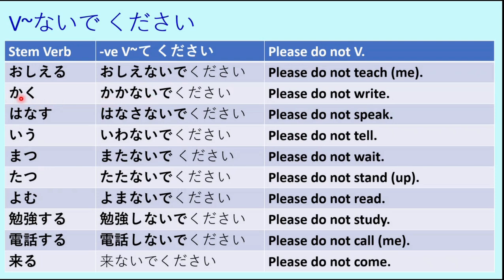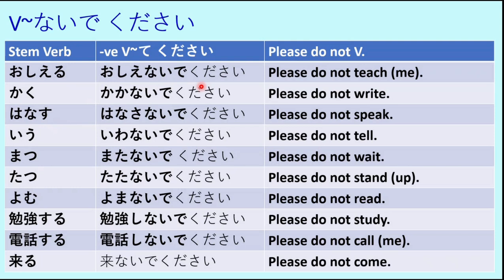So kakimasu becomes kakanai. Similarly, hanashimasu, you put hanasanai. So that is another way to construct that, but I think it is easier to go to the stem verb and just make the negative form and then simply add de kudasai.